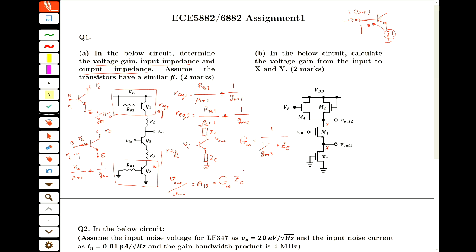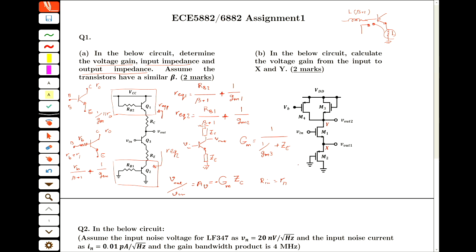It's ZC, and ZC is RC plus R equal 1. And then the input impedance, R in, is again R pi, from here.